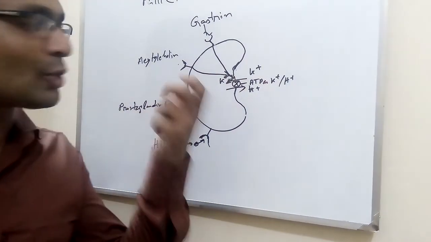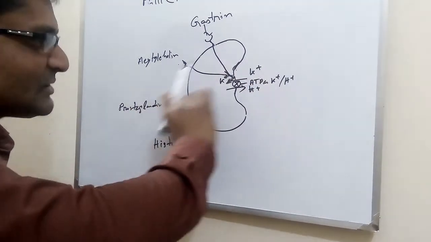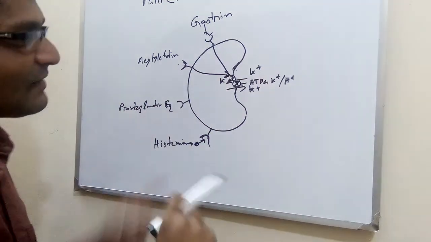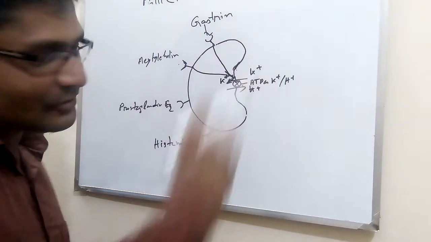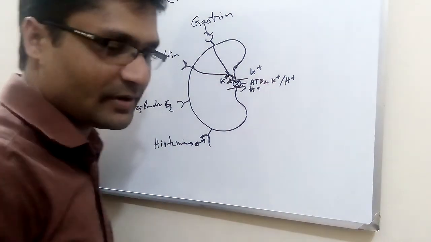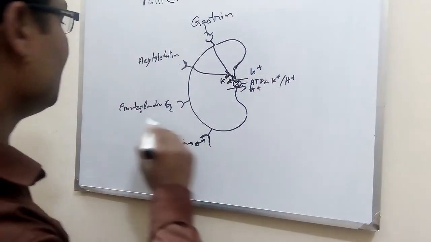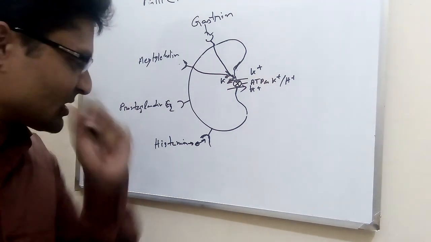Then the potassium comes from the lumen into the parietal cell, and hydrogen goes from the parietal cell into the lumen. So hydrochloric acid is produced. And the prostaglandin, next I will describe the prostaglandin.